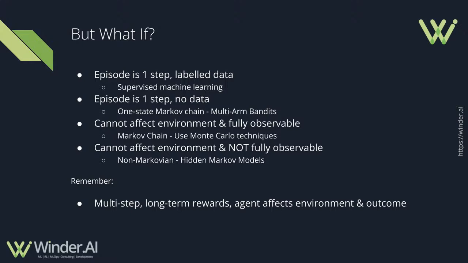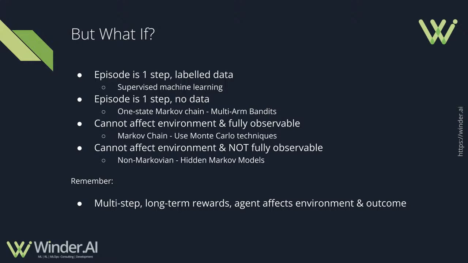And this is where you start to get into some of the RL-like challenges between exploring new options versus exploiting what you already know. And multi-arm bandits are a mathematically provable way of solving that problem. So yeah, again, one step, no data, then it's a multi-arm bandit problem.